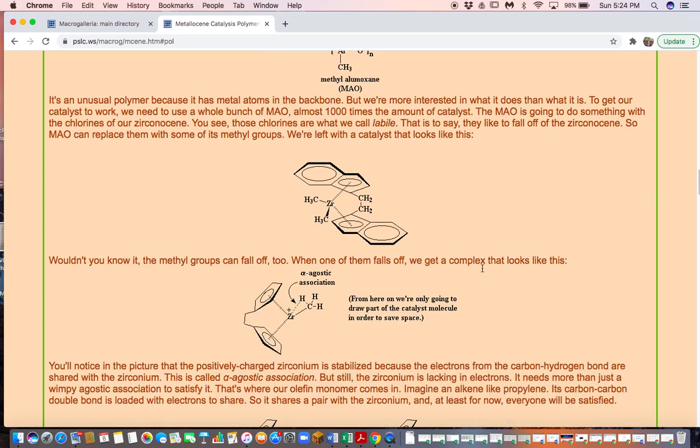The methyl groups themselves are kind of labile as well. I'll be quite honest with you, I'm not exactly sure how they came up with this process, but it tends to work, so we're going to go with it. All right. The CH3s are also labile, not quite as much as the Cls.